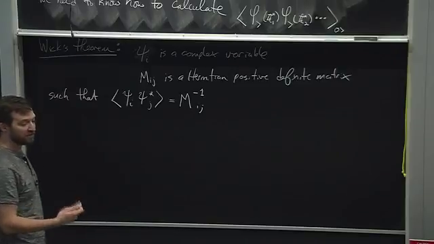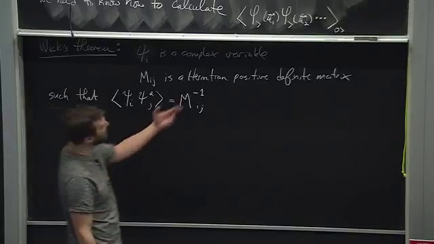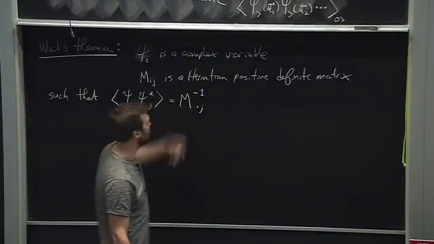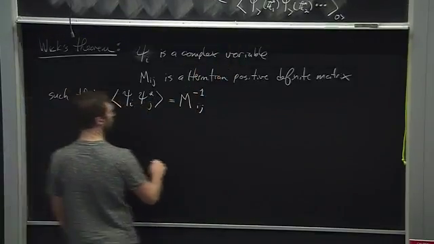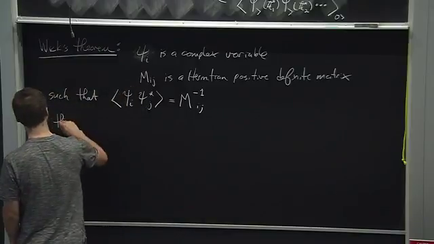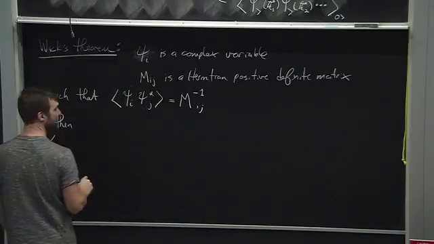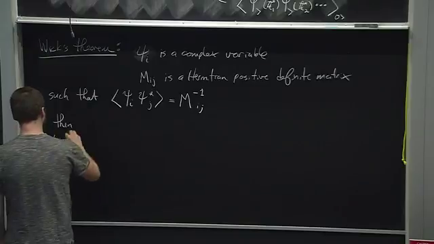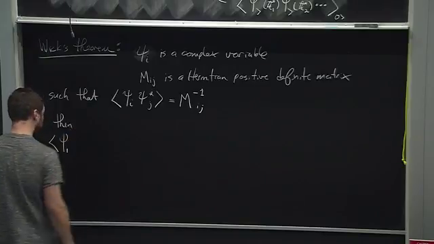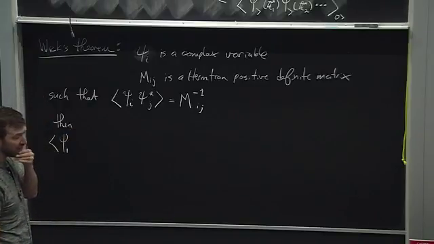So then what Wick's theorem says is, if I have a case like this, where I have many of these complex numbers, and I'll just write it in general, psi will now have to label all the fields.